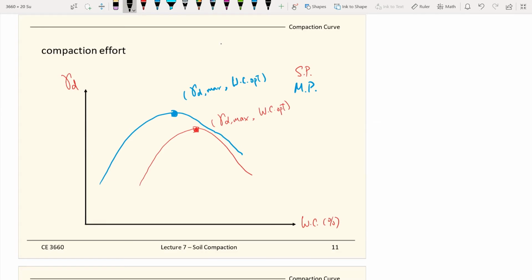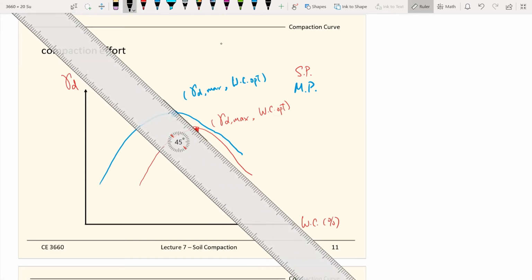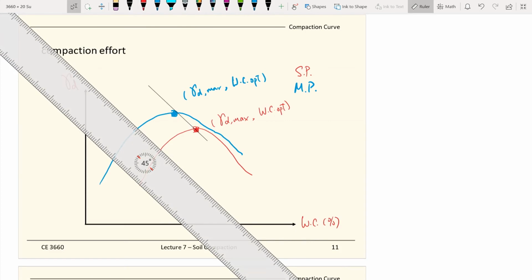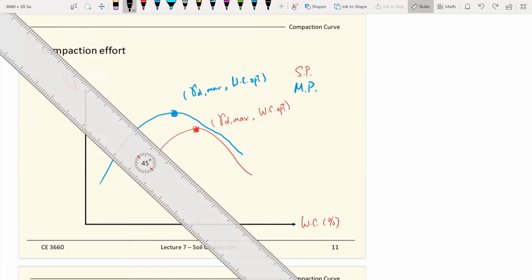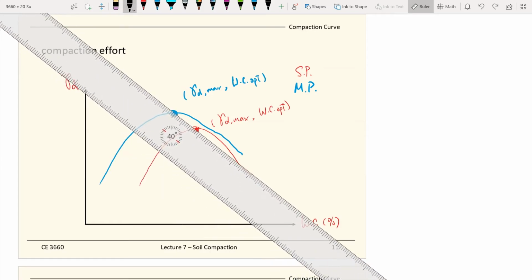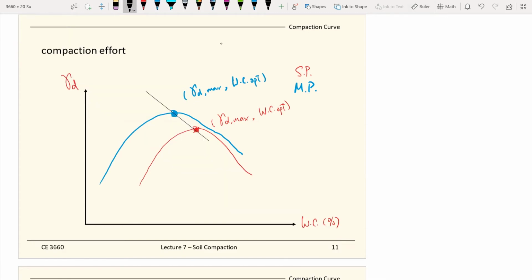With these two curves, it also tells you what you can predict if you increase the compaction effort: how the optimum goes. This way is increasing compaction effort.